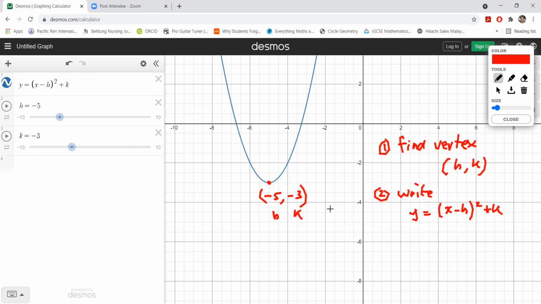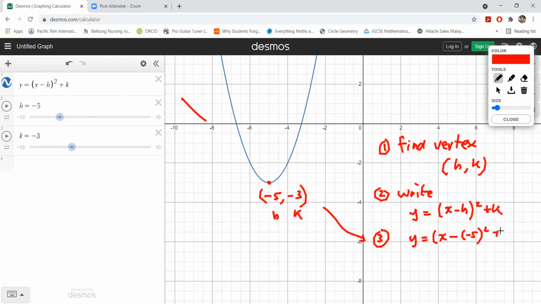So then you sub your numbers in. That's the next stage. So put your h and k in. So y equals (x minus h), which is -5, so (x minus -5) squared plus k. When you plus a negative number, it's still negative.